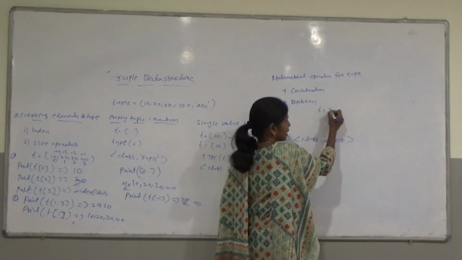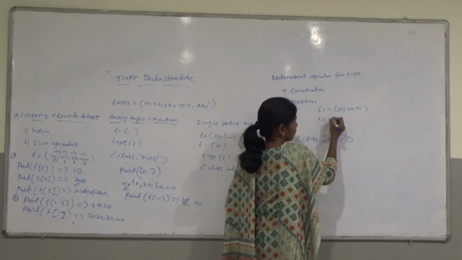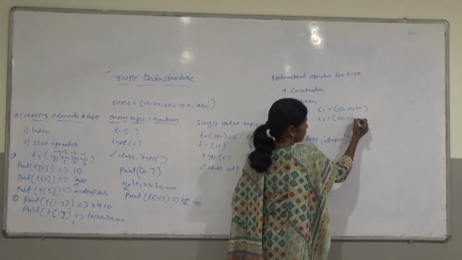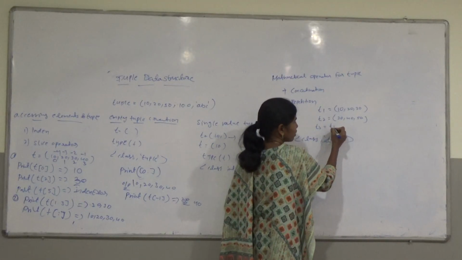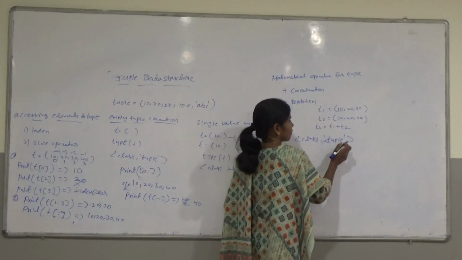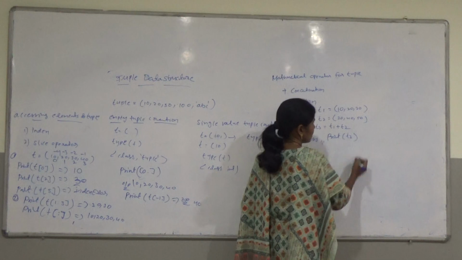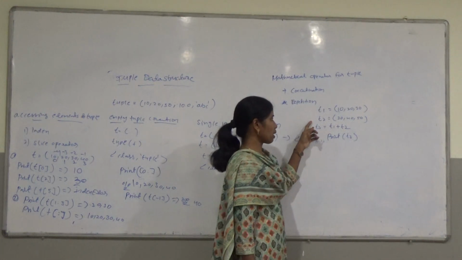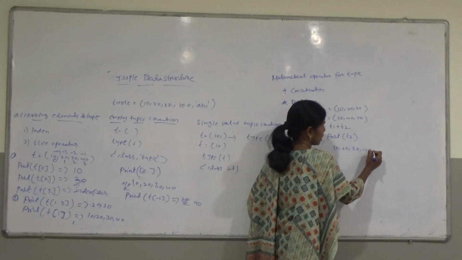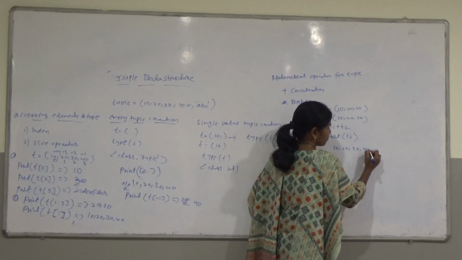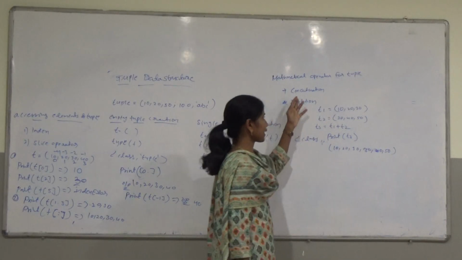For example, t1 = 10, 20, 30, and t2 = 30, 40, 50. Then adding the two tuples: t3 = t1 + t2. Print(t3). Combining the two tuple objects is the result: 10, 20, 30, 30, 40, 50 is the output of concatenation.